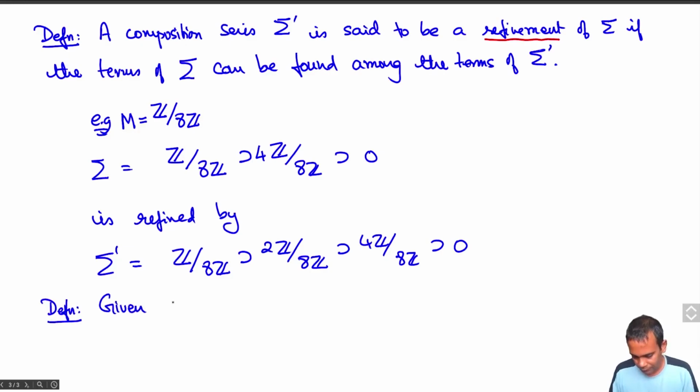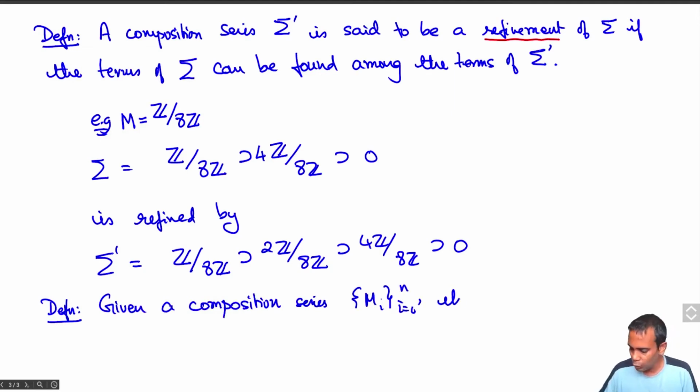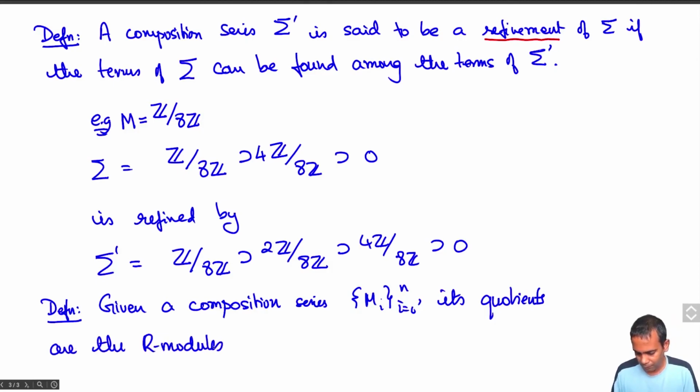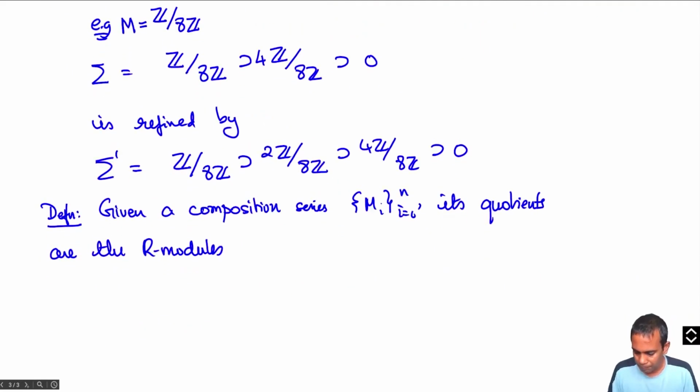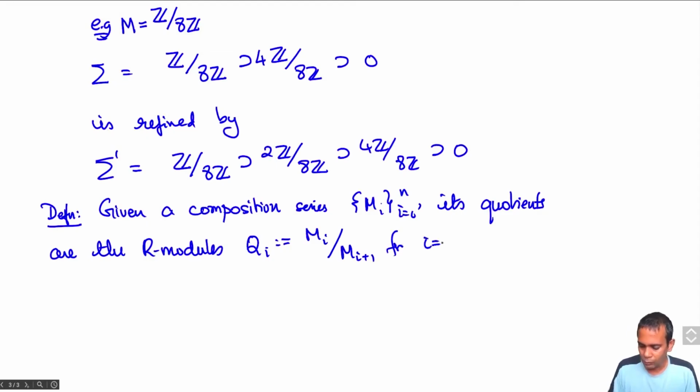Given a composition series Mi, i goes from 0 to n, its quotients are just the R modules Qi defined to be Mi mod Mi plus 1 for i equals 0 up to n minus 1.